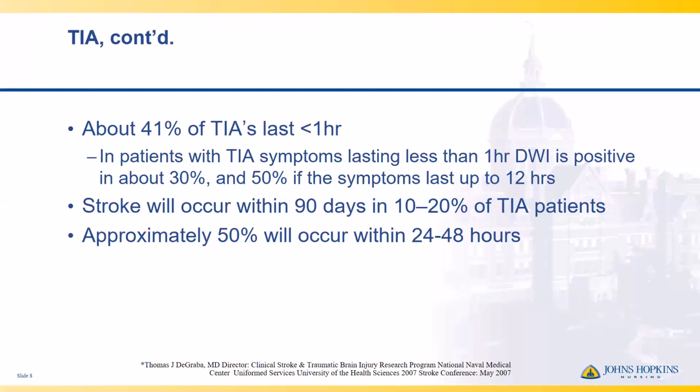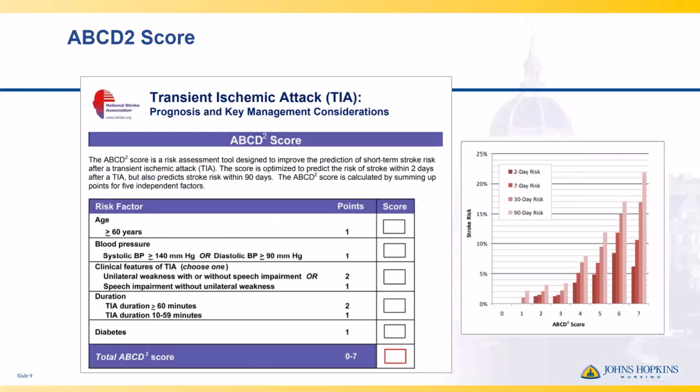When patients arrive to the emergency department, one scale that we can use is called the ABCD2 Score. This looks at patients that arrive with a probable TIA and their likelihood of having a stroke within the next few days. It looks at certain risk factors, including age, blood pressure, the clinical features of the TIA, the duration of the TIA, and whether the patient has diabetes.